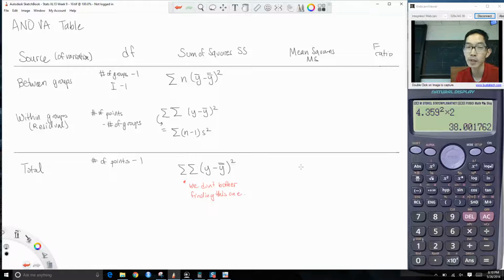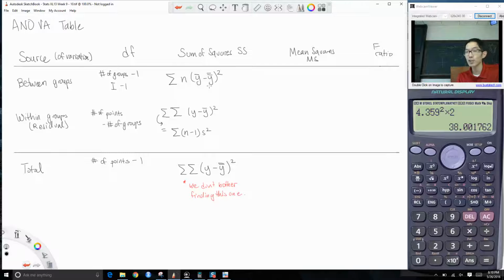The mean squares is the sum of squares that can exist for each degree of freedom. I know that's a little bit of a weird concept, but if you think of the way we calculated variance, we did the total sum of squares and divided by n minus 1.